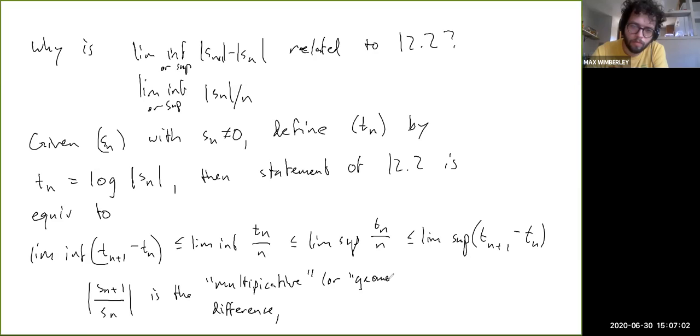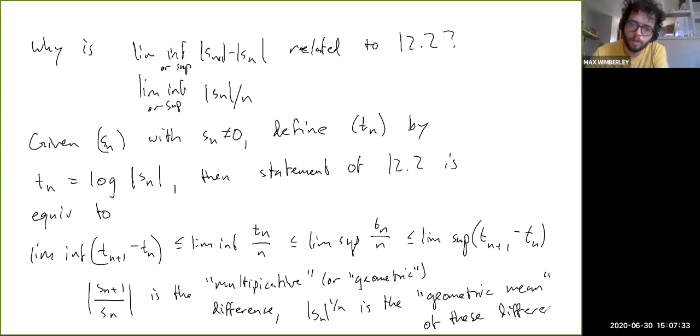We often use geometric to refer to multiplicative or exponential phenomena in math. And Sn to the 1 over n is the geometric mean of these differences. Taking the nth root is sort of like taking an average, but in a geometric sense.